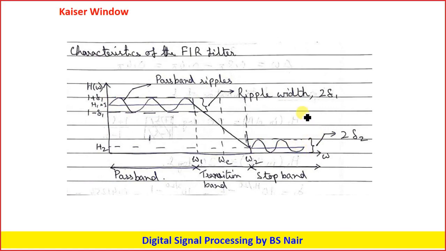The windows allow you to reduce this ripple effect. So this delta value has to be reduced, and the use of windows helps us in reducing the delta values. Every window alters the delta value in a different way.